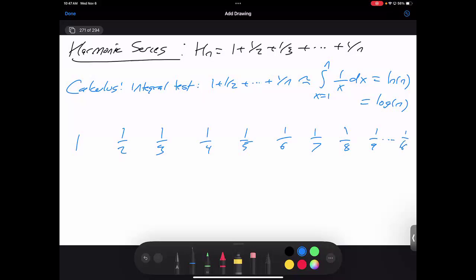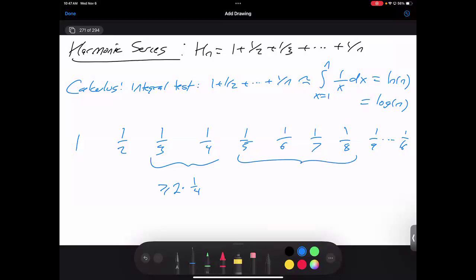In each one of these, 1/3 and 1/4, they're both greater than what? They're both greater than 1/5, but there's a better fraction. They're both at least 1/4. So this is going to be at least 2 times 1/4.